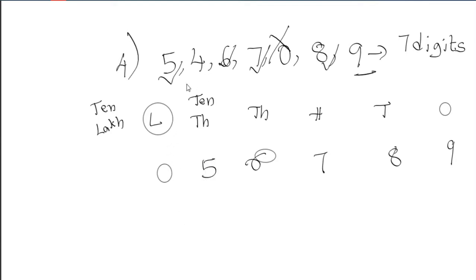So the smallest number among these 6 numbers, which one? 4. So what is this number children? 40 lakhs 56,789. Okay children, I hope that you understand how to write the greatest and smallest numbers from given digits.